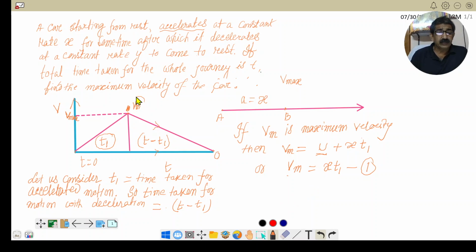Initial velocity during deceleration is equal to Vm, final velocity is equal to 0, deceleration is equal to y, and time is equal to t minus t1.